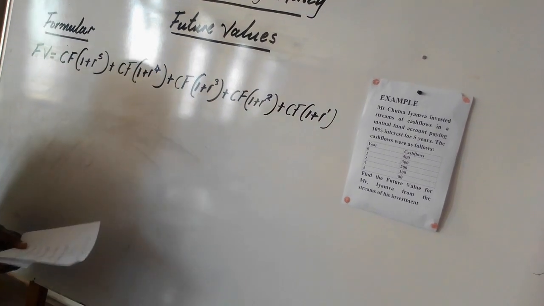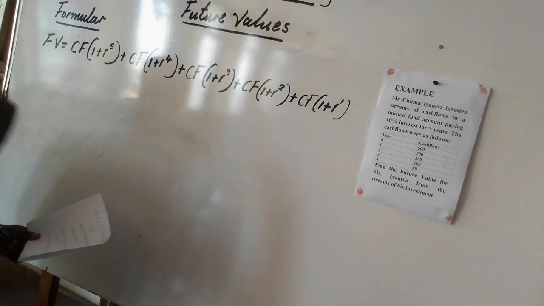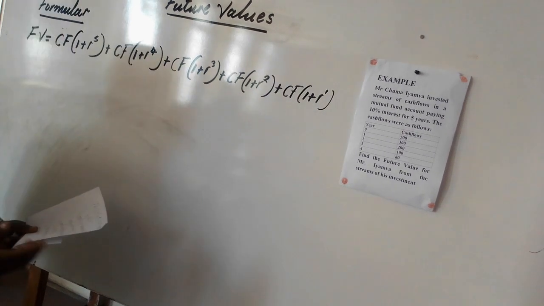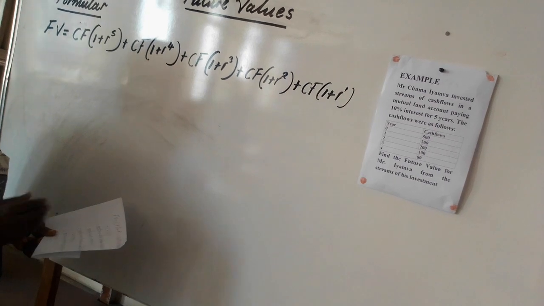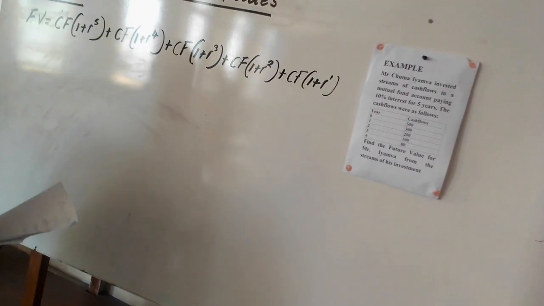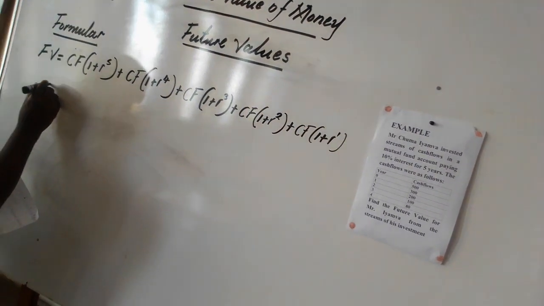Now, looking at the question that we were given, you saw that the amounts that were given were different. The first one we were given 500, then 300, 200, 100, 80. So this is exactly what we are going to do. We are now equating the values.